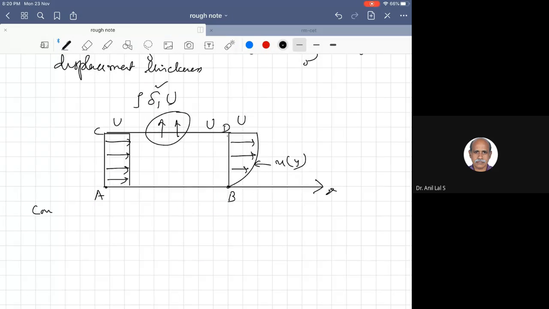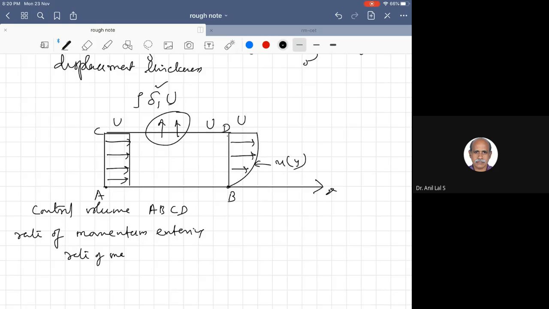Let us consider the control volume A, B, C, D. The rate of momentum entering is the mass flow rate multiplied by velocity.